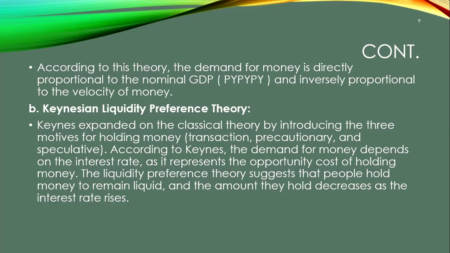Yes. So we're trying to look at Irving Fisher's quantity theory of money, whereby we're saying that the demand for money is directly proportional to the nominal GDP. That is, in other words, directly proportional to the amount of money.